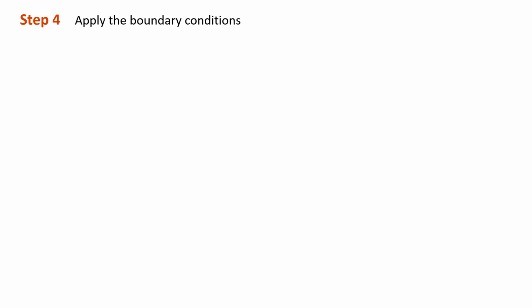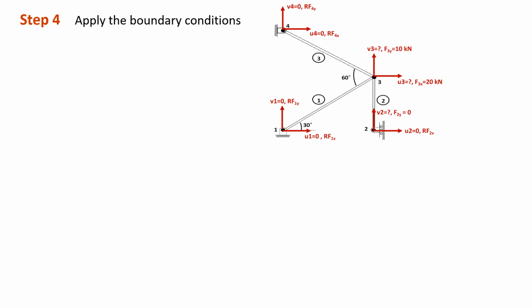The next step is to apply the boundary condition to our global stiffness matrix. In fact, we have defined this boundary condition in our first step, so we just need to recall it. In our first step, we defined that U1, V1, U2, U4 and V4 are equal to 0 because all these displacements have been supported by the boundary condition.